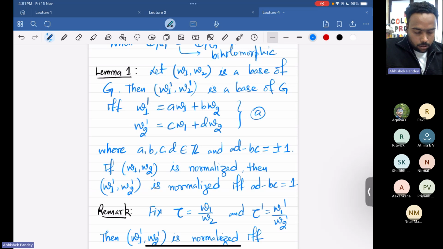So is it clear whether this condition is necessary? If W1 and W2 is a base of G, then W1', W2' is a base of G if and only if it satisfies condition A. Sorry, could you recall what is the definition of base of G?